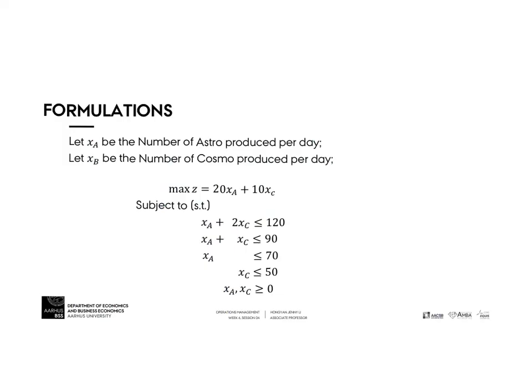Based on the previous description, now you can see we have standard formulations for a linear programming model: decision variables, objective functions, and constraints. So then we're done for today's task. We know how to formulate a linear programming model.